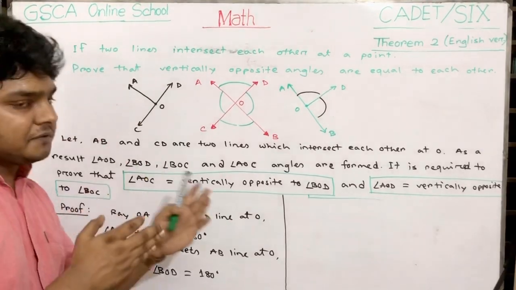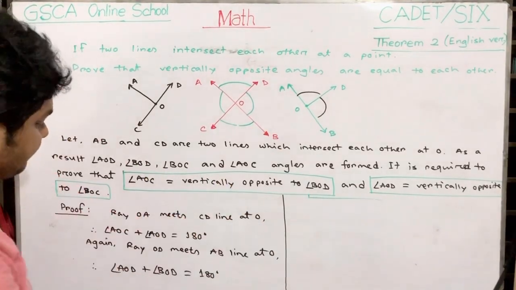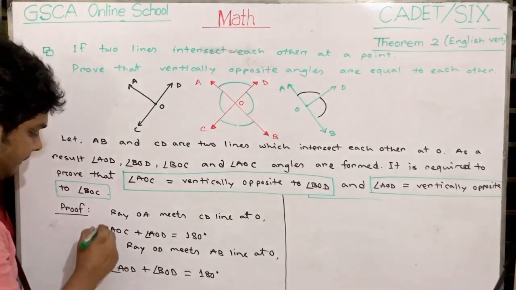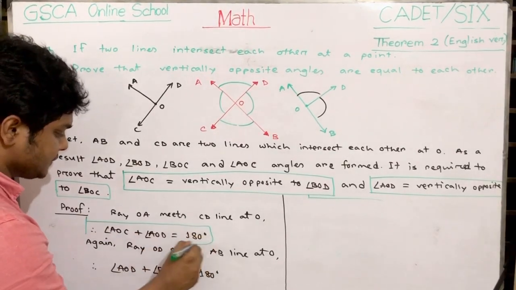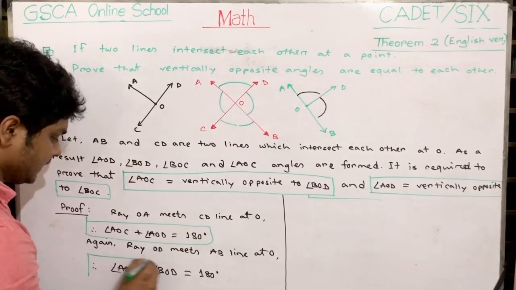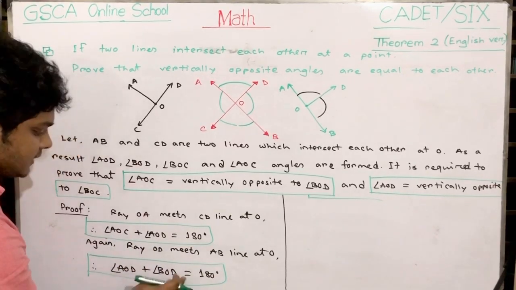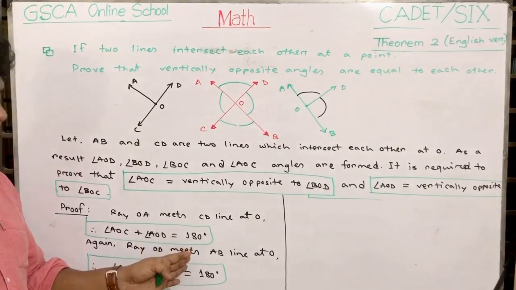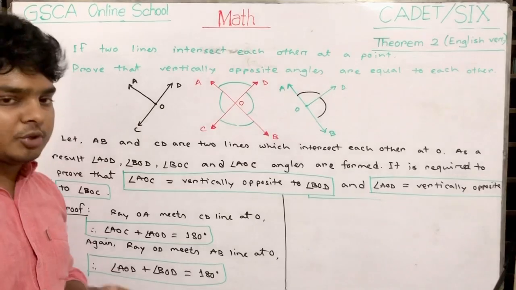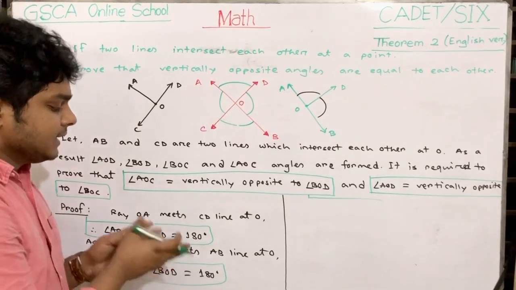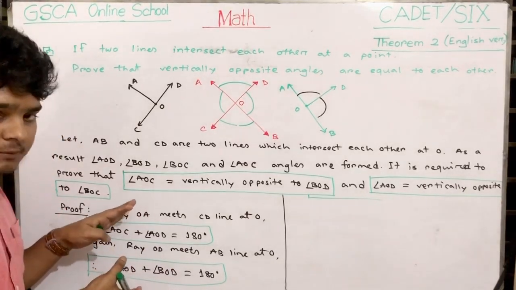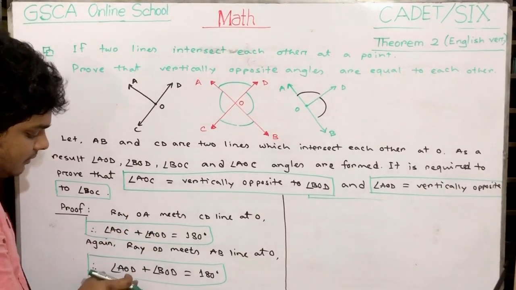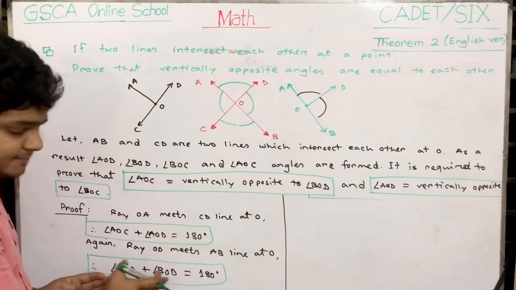The purpose of writing these things is here. These two are equations, as there is an equal sign, and on the right side 180 degrees and 180 degrees is the common thing between the two equations. That is why the left sides will also be equal. So we'll write AOC plus AOD will be equal to AOD plus BOD, right?